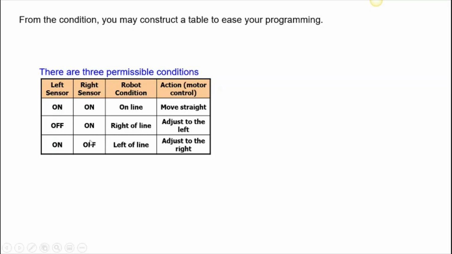If either of the sensors is off, meaning that it has already swayed to the other side of the line, then the action of the motor needs to adjust the mobile robot back to the original position, either adjust to the left or adjust to the right.